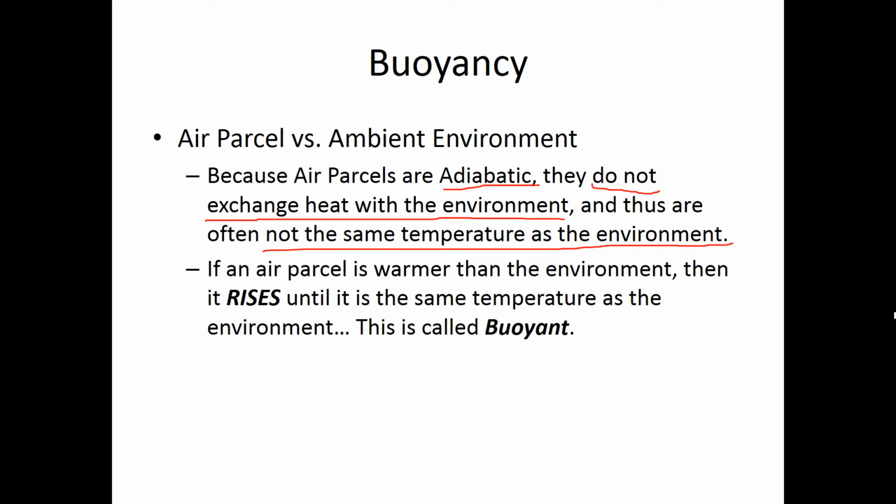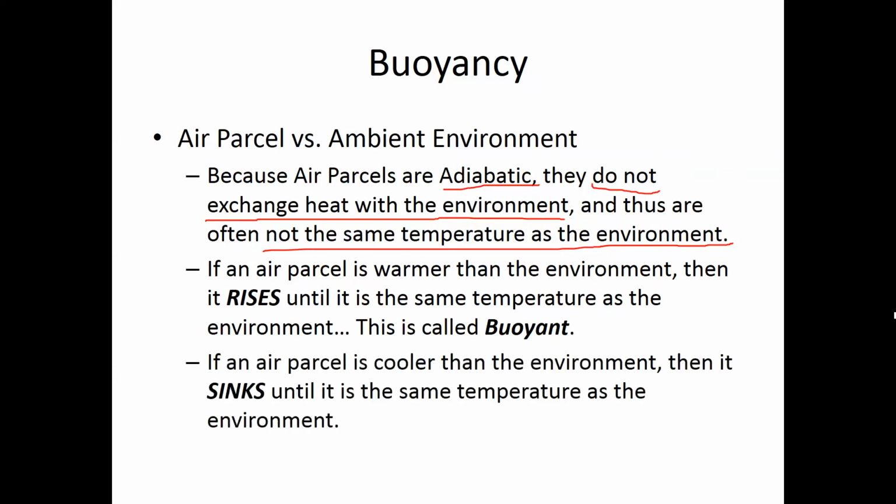If the air parcel is warmer than the environment, it's buoyant. This means that it can continue to rise. Since it's warmer, it's less dense. Since it's less dense, it rises. On the other hand, if the parcel is colder than the surrounding environment, it sinks until it's at the same temperature as the environment.